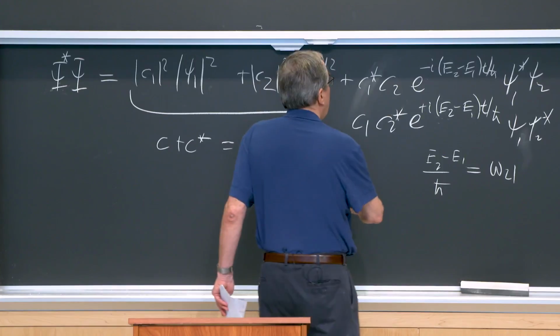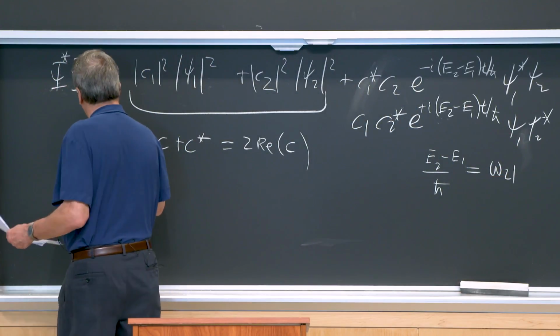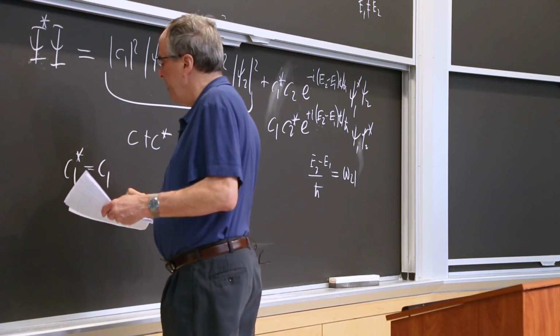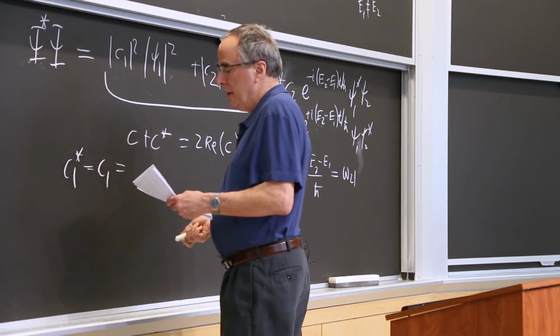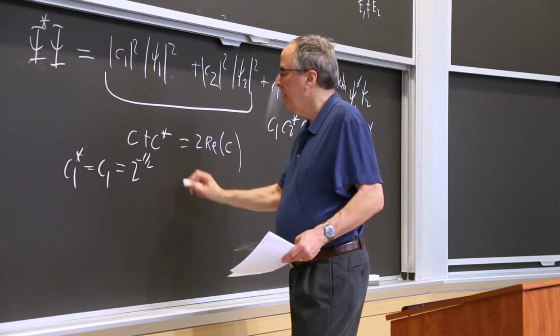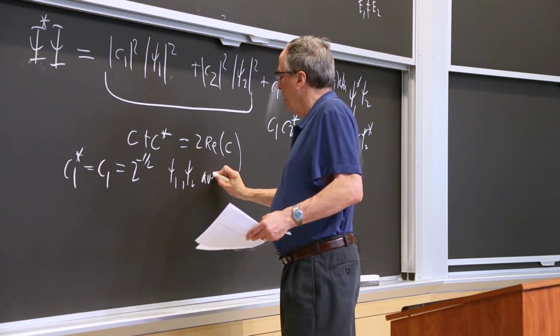Well, we can write it simply, but suppose we choose a particular case, C1 star equal to C1, equal to 1 over square root of 2. And we can say psi 1 and psi 2 are real.